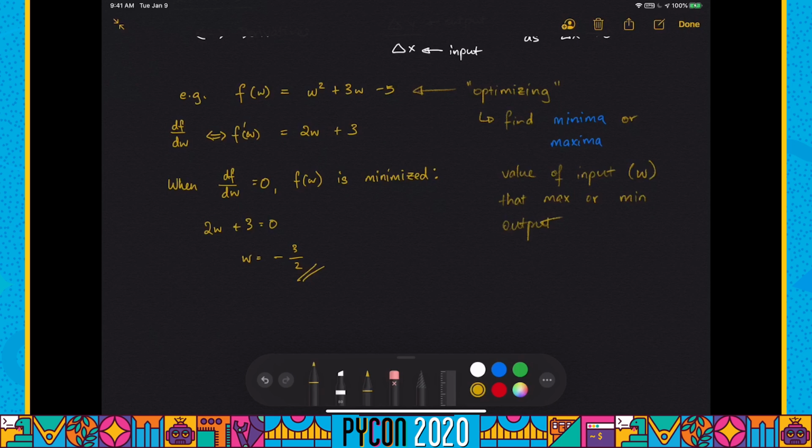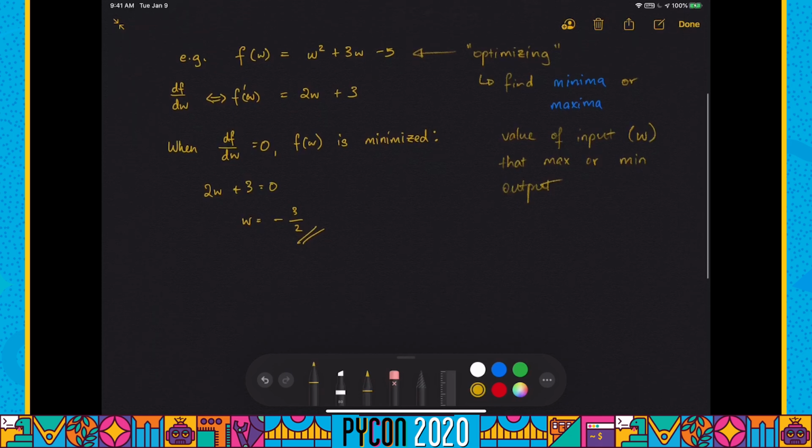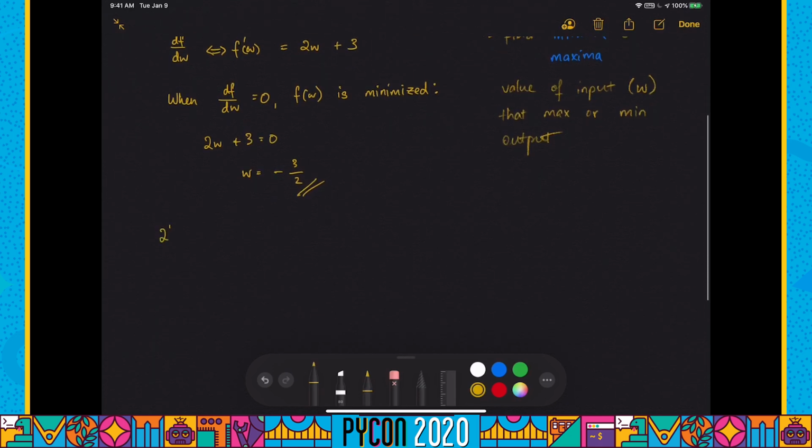Now, we know again from first year calculus that we can take the second derivative just to double check that this is indeed the minima. So second derivative tells us whether it's the minima or maxima.